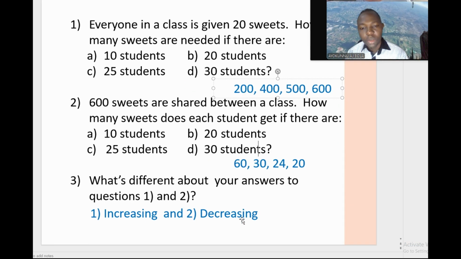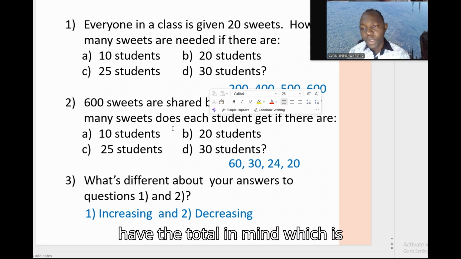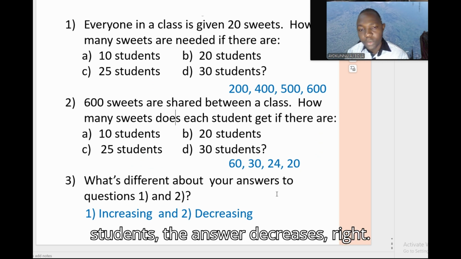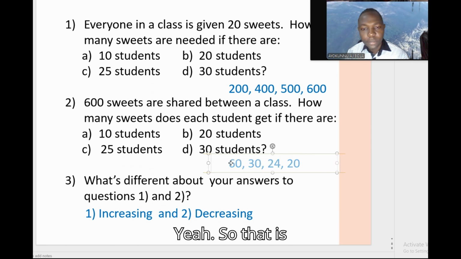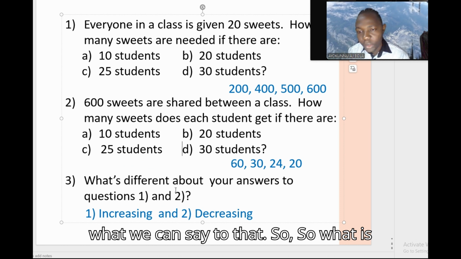Okay. Then the second one, as we have a total in mind, which is 600, as we increase the number of students, the answer decreases, right?